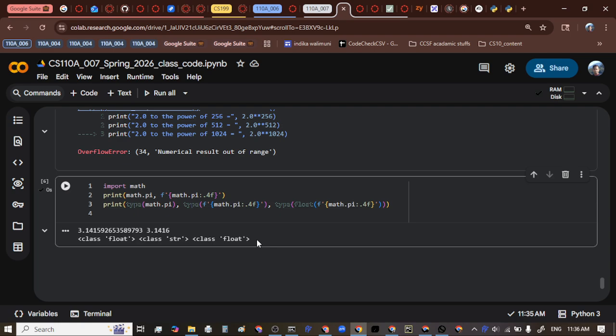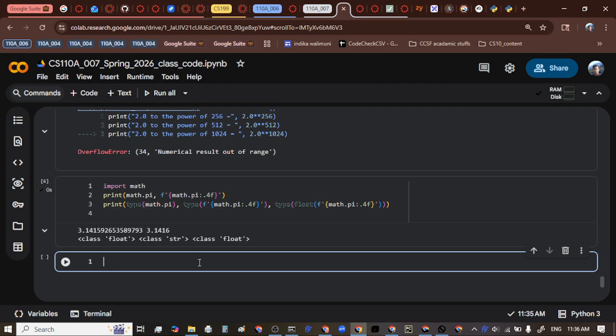There are easier ways actually. In the math module there are easy functions, so you don't have to go that far to get the rounded floating point value. The math module has them. Let's check that. How do you check the attributes of a module? The dir function.